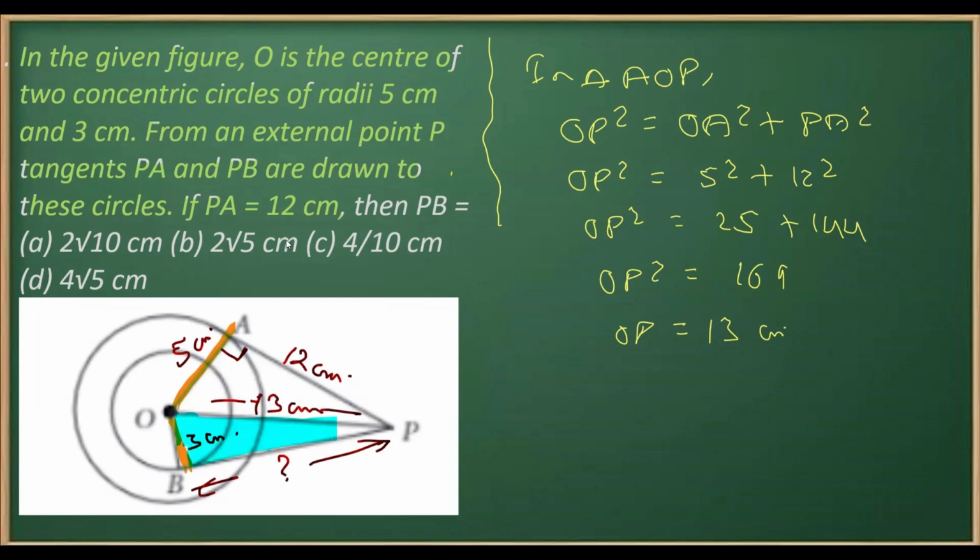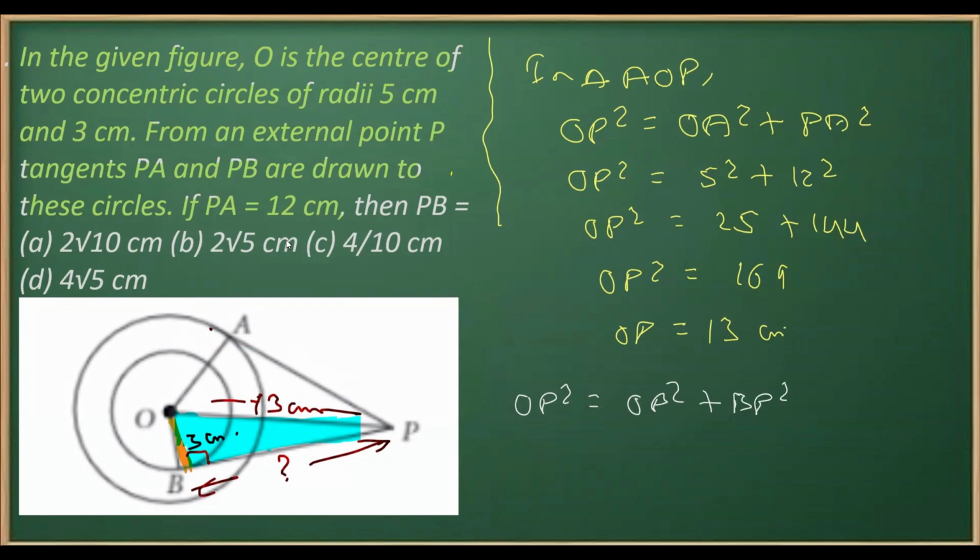Here too you can see that the radius is perpendicular to the tangent at the point of contact. Let's erase the portion which we have already dealt with, and consider this triangle. You can figure out that here also we can apply the Pythagoras theorem and get the length of BP. Let me write the hypotenuse first. The square of the hypotenuse is equal to the sum of the squares of the other two sides.